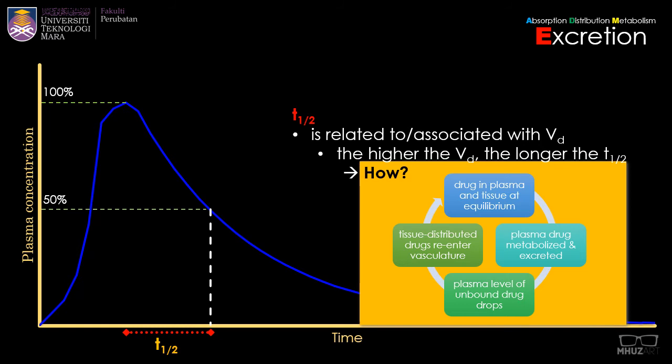So if the VD is higher, there is more drug in the tissue. This equilibrium process will happen back and forth for a prolonged time, thus contributing towards a longer half-life.